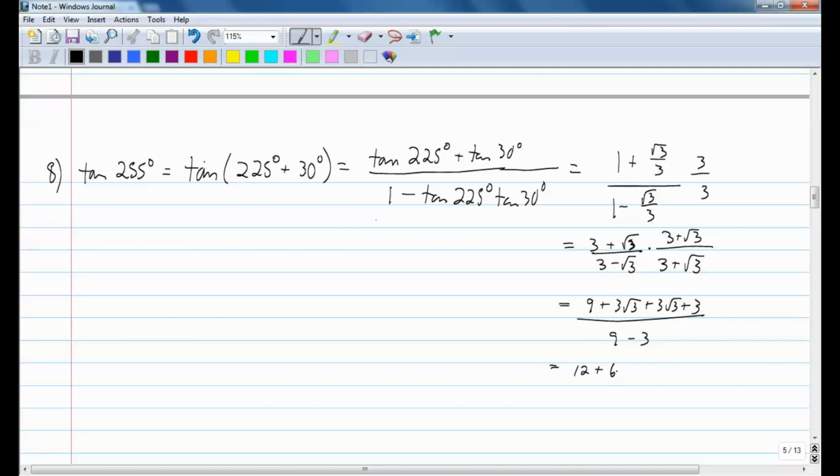So that's 12 plus 6 square roots of 3 all over 6. And the way this reduces, you can divide this, this, and this by 6. So that's going to be 2 plus the square root of 3, which is the square root of 3 plus 2. Same answer.